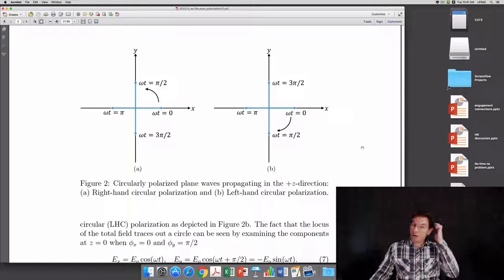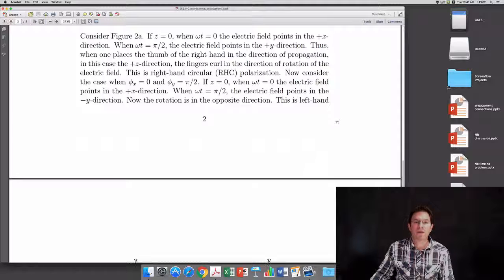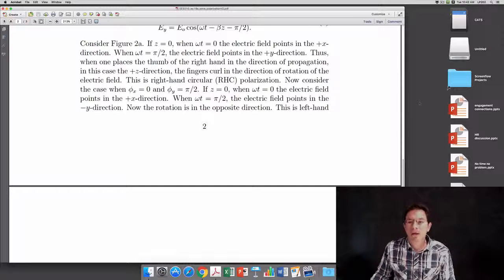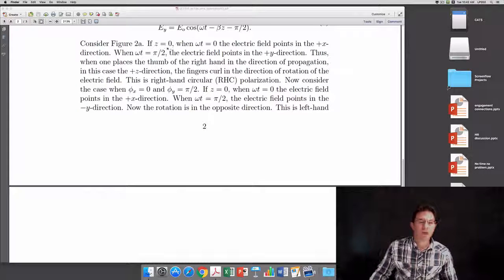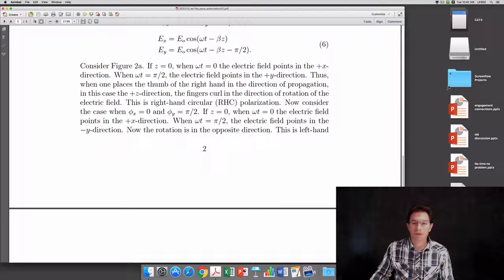This is figure number 2. Okay, let's go back up here for just a second. So again, we're going to fix a particular position, in this case z equals 0. When omega t is equal to 0, the electric field is going to point in the plus x direction. Why?